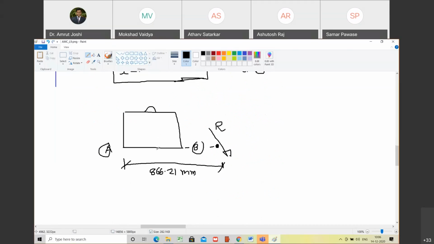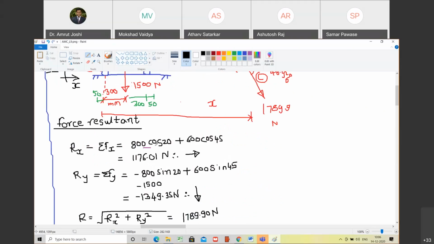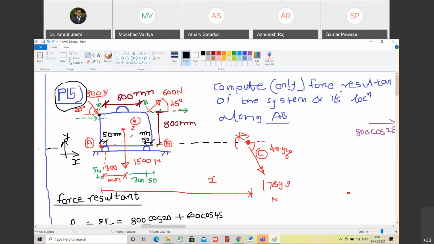Therefore, what I said was the resultant is fictitious. How can you remove all the forces and apply it at a location where there is no body? So no way will I have only the force resultant of this system, because the point lies outside the body. Therefore, if I want only the force resultant of this system to prevail, I will have to apply the resultant force at a point located outside the body, which is impossible.